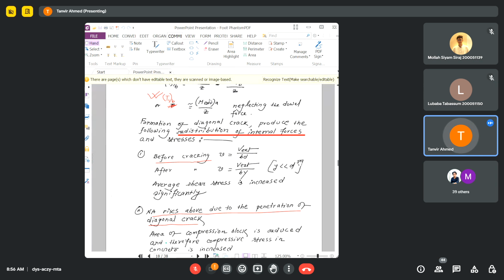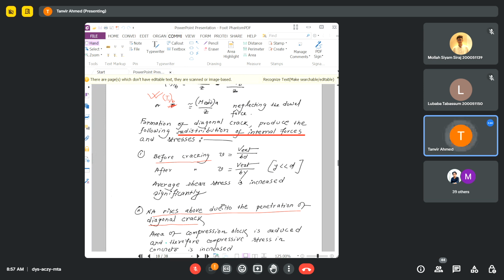Now you can see that this Y value is very small compared to D. Now the area available for resisting the shear force, that is the V external, has reduced. So if you divide V external by a smaller area, the shear stress will become large.